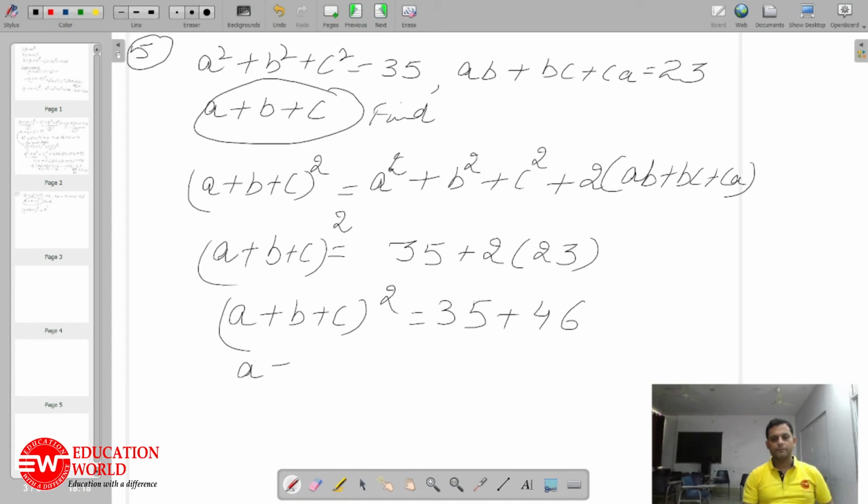So (a + b + c) square will be 81. So a + b + c is the square root of 81. So this will give us 9.